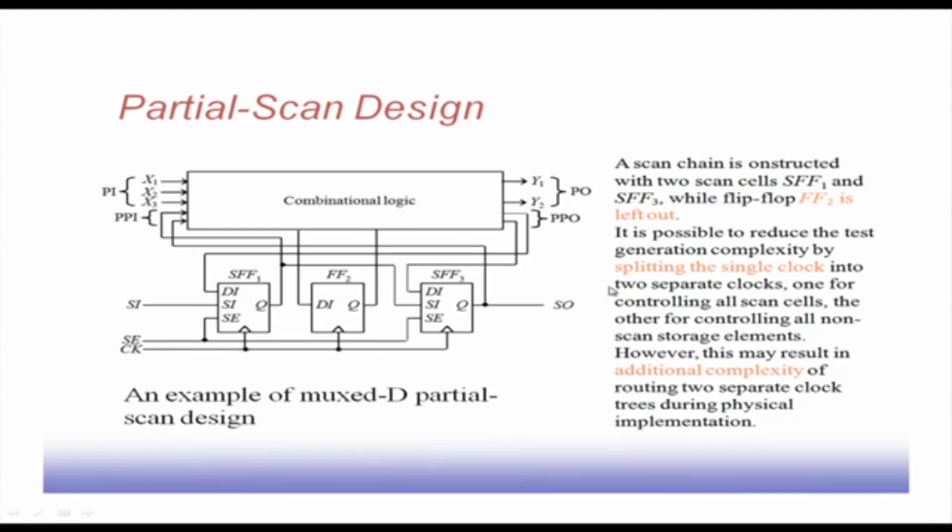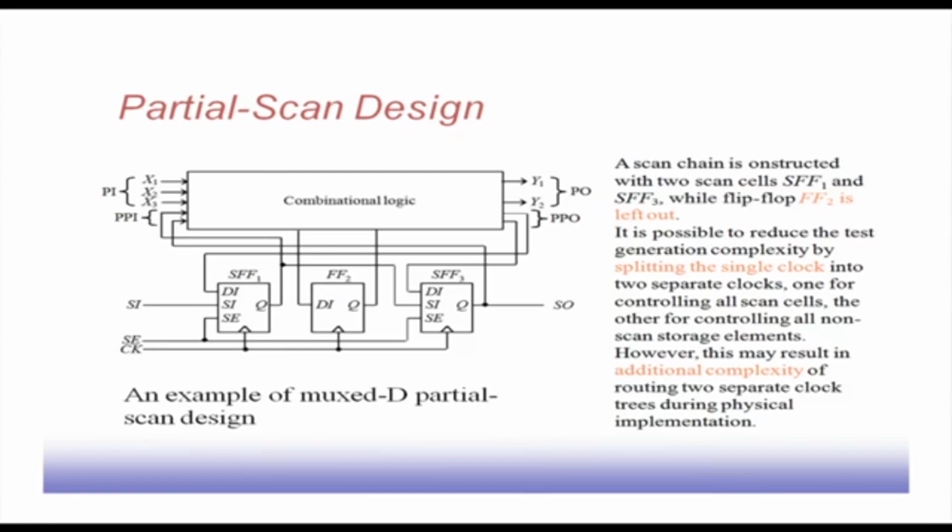This is actually a suggestion for these ATPG algorithms. It says that you divide the whole design into 2 parts. One part has the scan clock driving the circuit, and in the other case the normal clock drives the circuit.